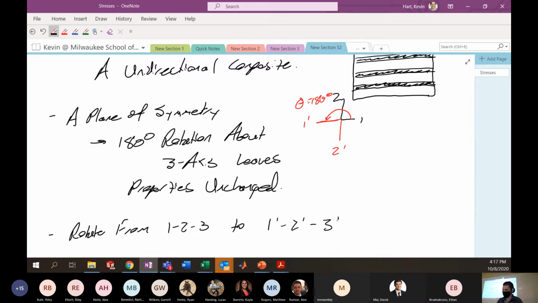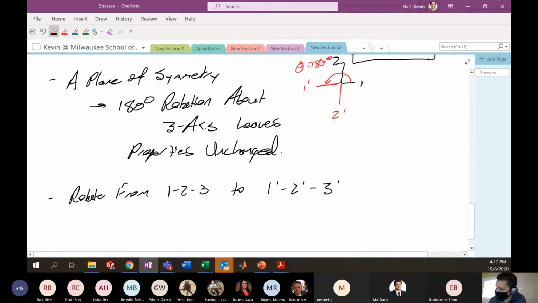Since this is a plane of symmetry, we know the following to be true mathematically.